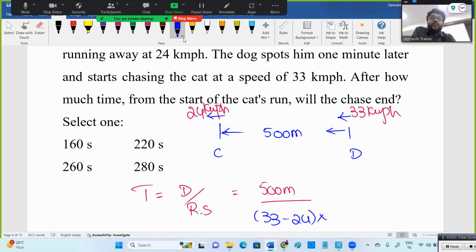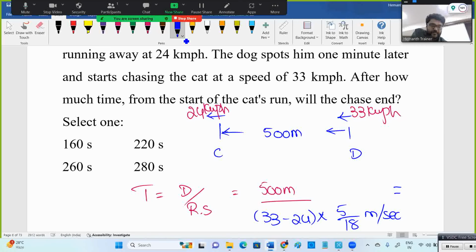You need to convert into meters per second because options are given in seconds. Numerator distance is also in terms of meters, into 5 by 18. Now 9 into 5 divided by 18 gives 5 by 2, and this 2 will go to the numerator. So how much time will it take?